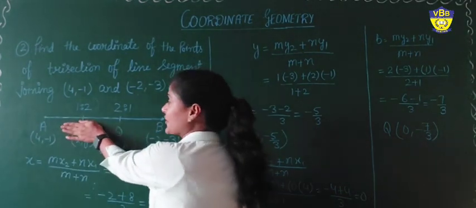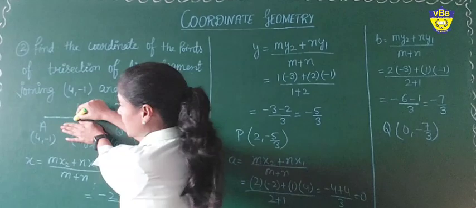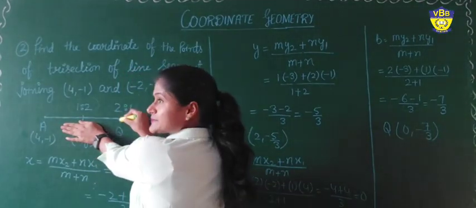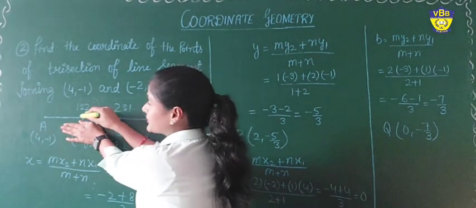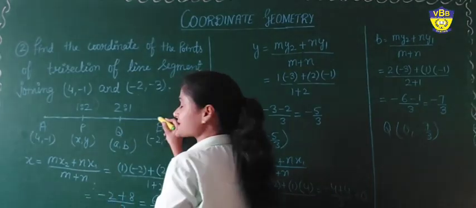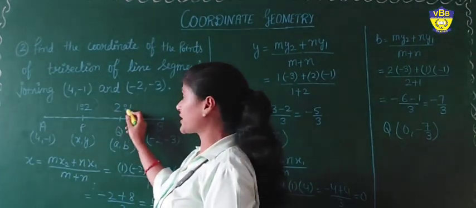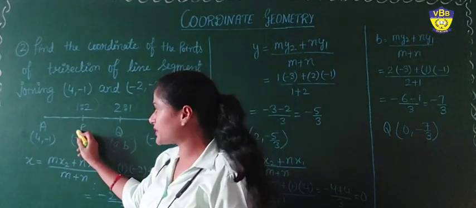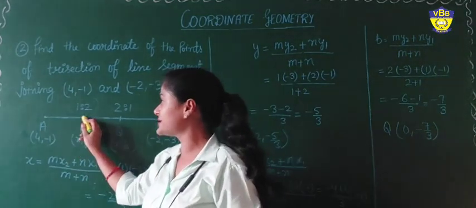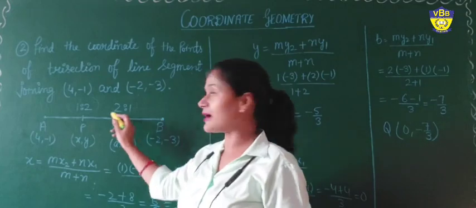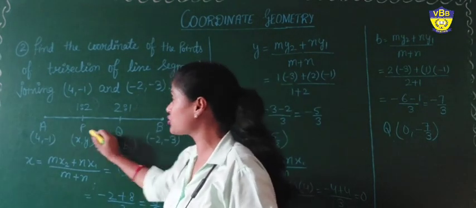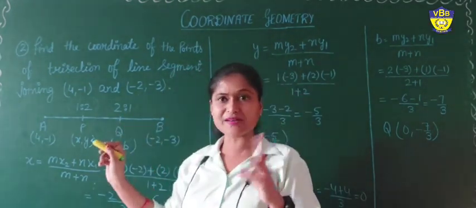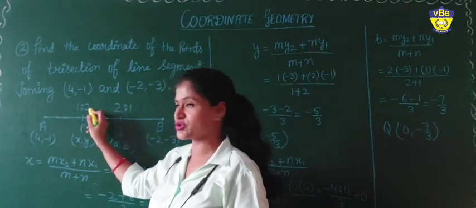I will cover this point. How is the line divided up to this part? Up to Q, it is divided into 2 parts and this one is 1 part, so 2:1. Total parts are 3. For point P, the part from A to P is 1 and from P to B is 2 parts, so I will write 1:2.